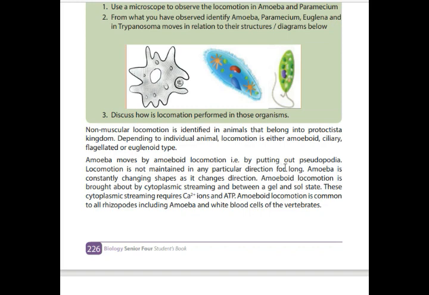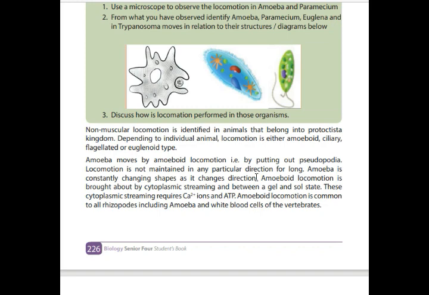The pseudopodia are put out, and then it moves from one place to another. Locomotion is not maintained in any particular direction for long. Amoeba is constantly changing shape as it changes direction.